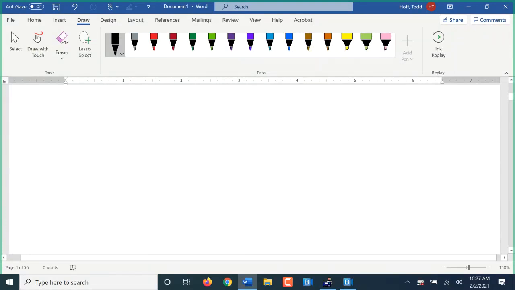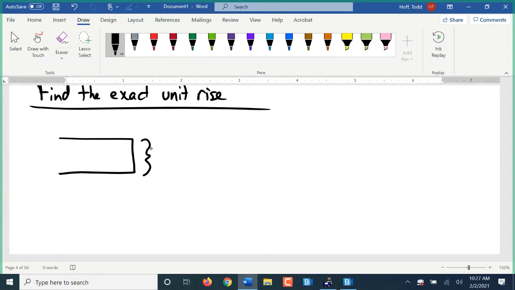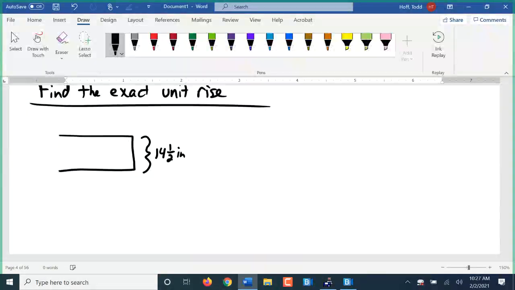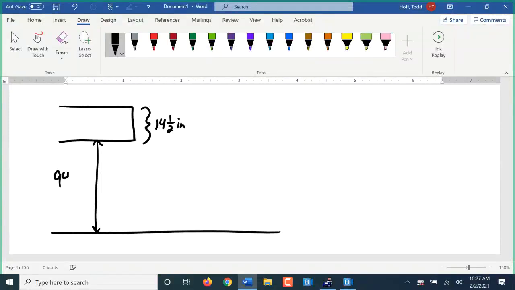Let's look at a situation where we have a floor thickness of, well, let's just put it as 14.5 inches. And that lower level ceiling height at 94.5 inches.